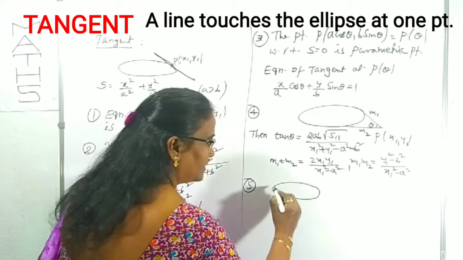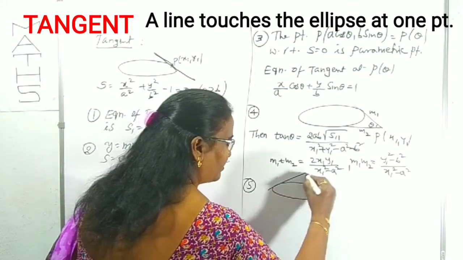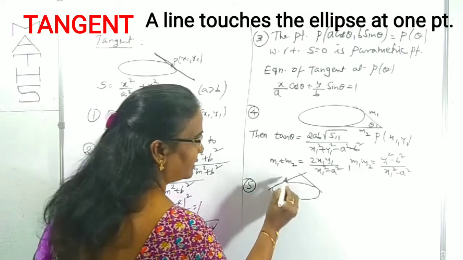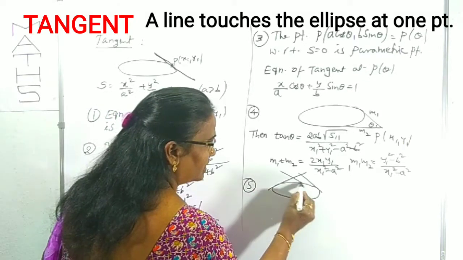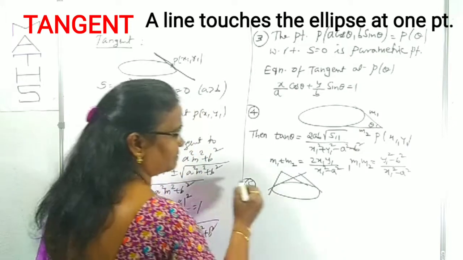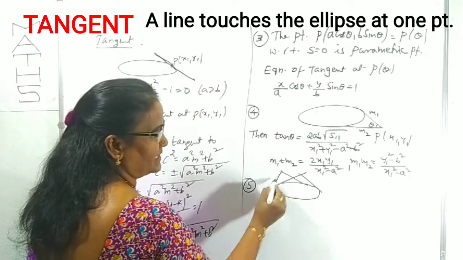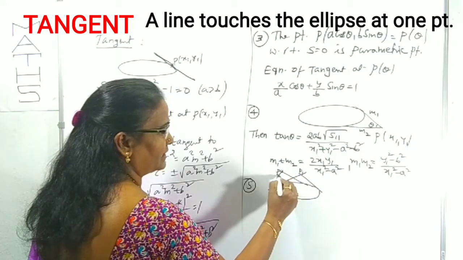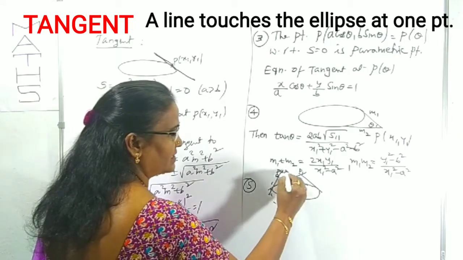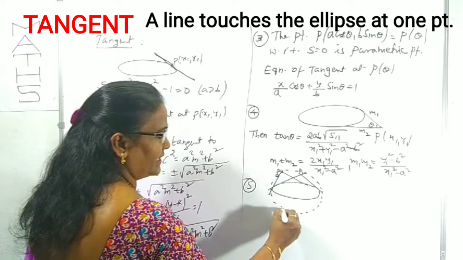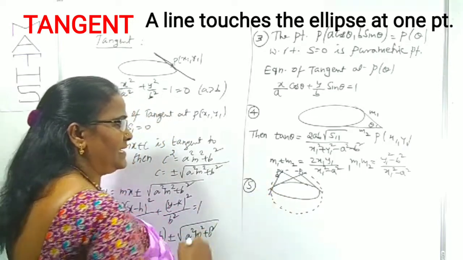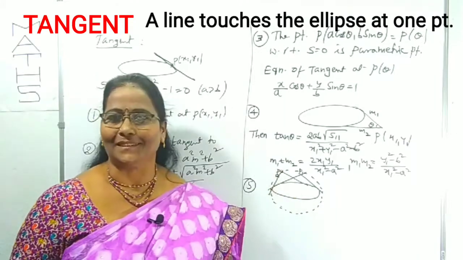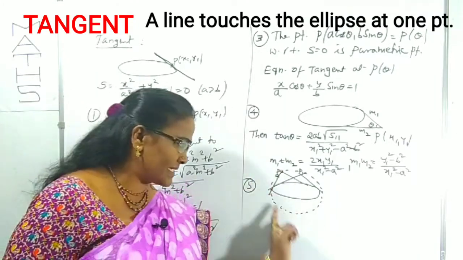Now, in the case of two perpendicular tangents, suppose there are two perpendicular tangents. This is the ellipse. This is one of the tangents, this is another tangent, and those are perpendicular. Maybe we can draw a rough figure. This is simply two more perpendicular tangents. This point is some P1, this is some P2. Like this we can form a set of points. All these points join as a circle. That is called the director circle. Simply, what is a director circle?